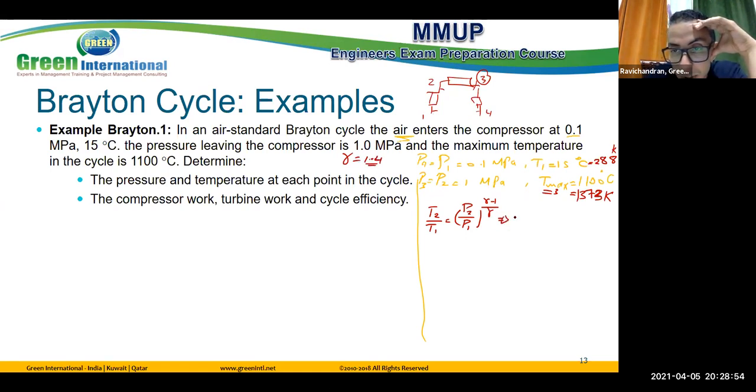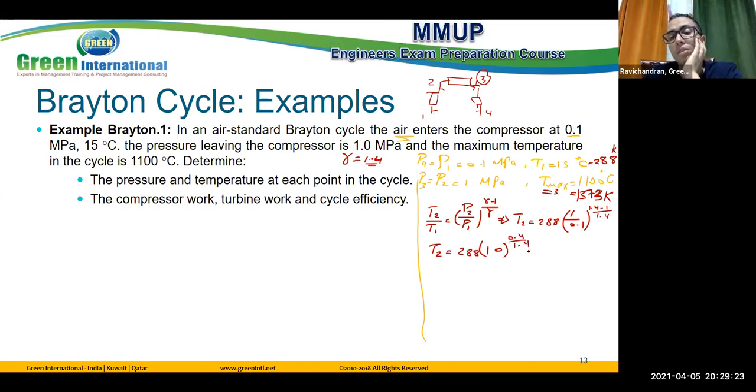So here T2 is equal to T1, 288, times P2, which is 1 megapascal, over P1, which is 0.1, to the power gamma minus 1 over gamma, which means 1.4 minus 1 over 1.4. So it's 288 times 10 to the power 0.4 divided by 1.4. That's it. You get T2.